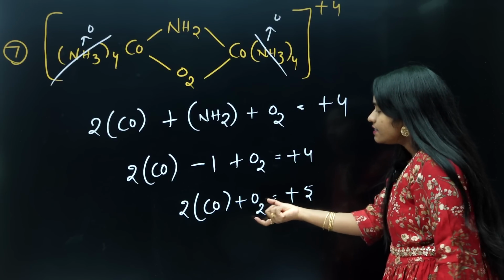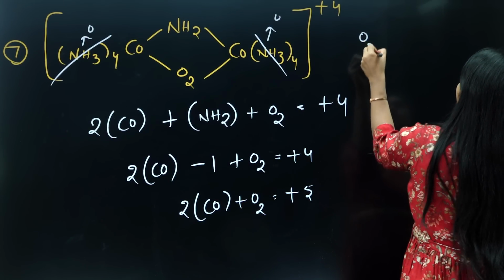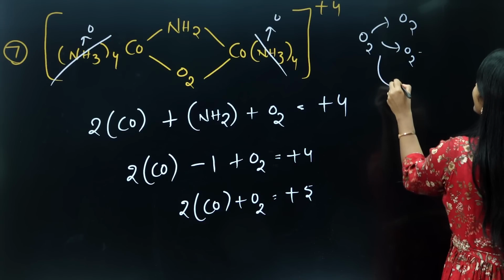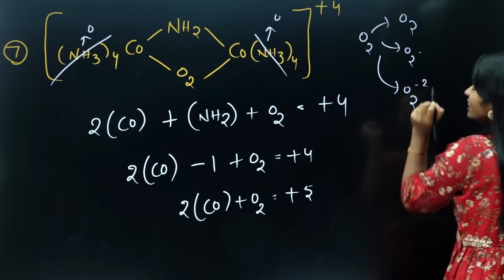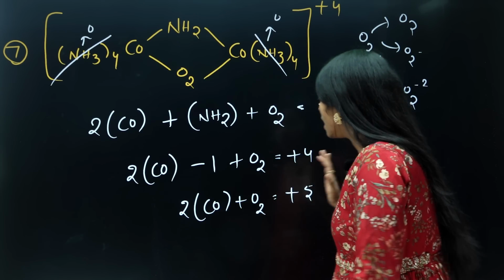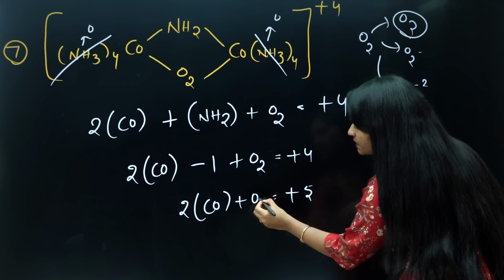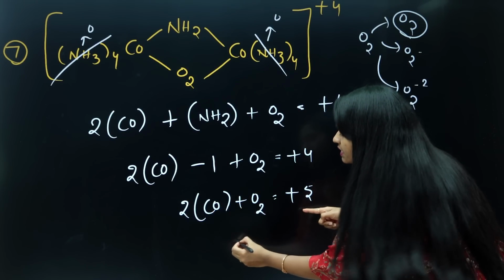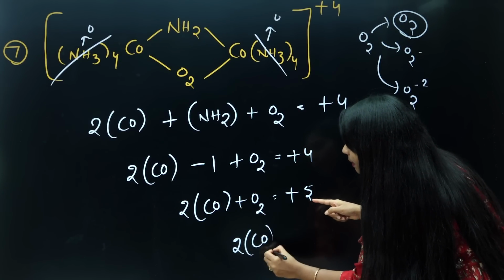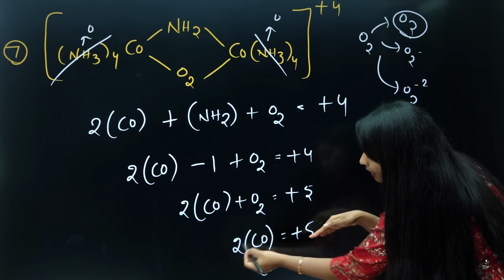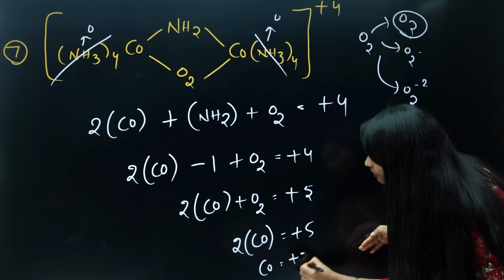Now O2 exists in 3 forms: it can be O2, O2 minus, or O2 minus 2. Which one should you consider? Let's take O2 as 0. Then 2 CO is +5, so each CO will be +5 divided by 2, which is +2.5.